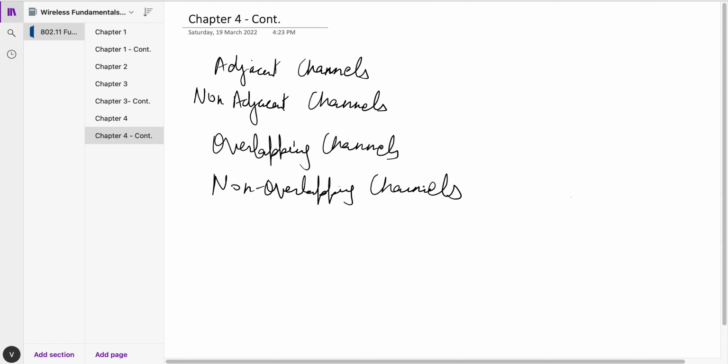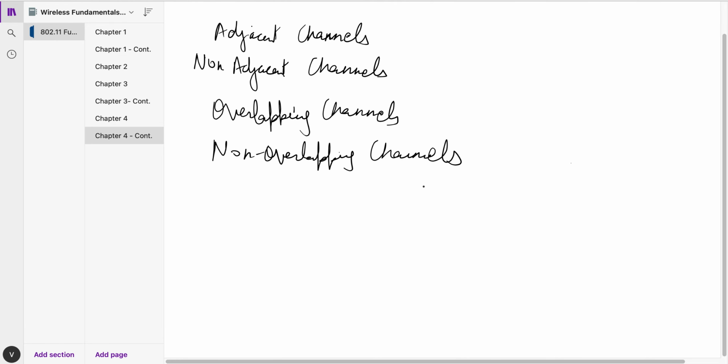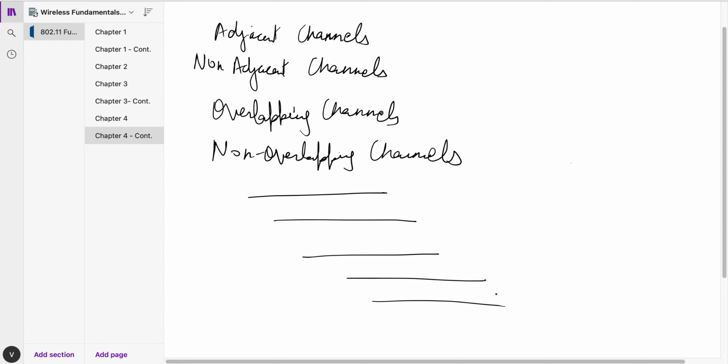When we draw the channels of the 2.4 gigahertz spectrum, we know it's channel number 1, 2, 3, 4, 5, 6, right? The channels next to each other, 1 and 2, 2 and 3, 3 and 4, are called adjacent channels.